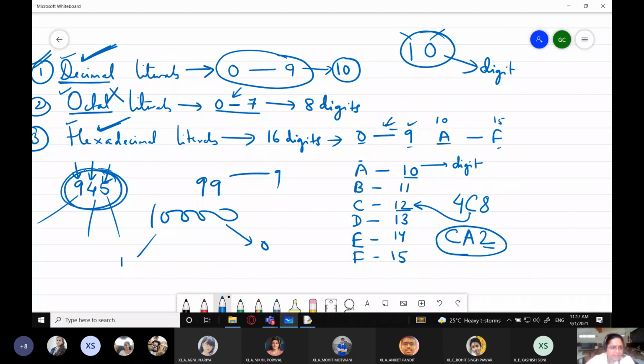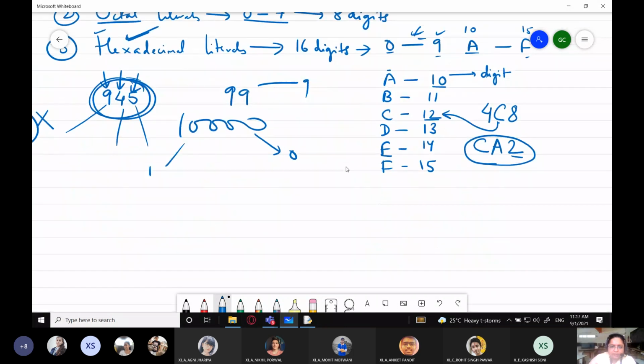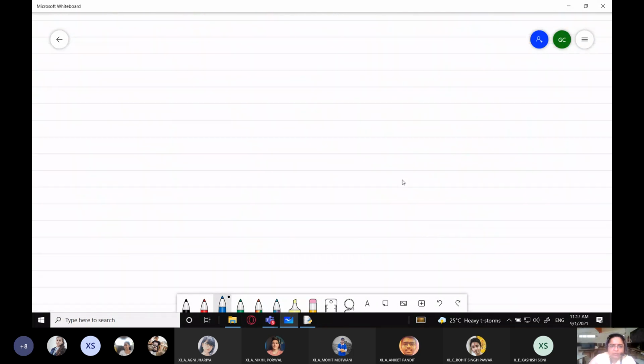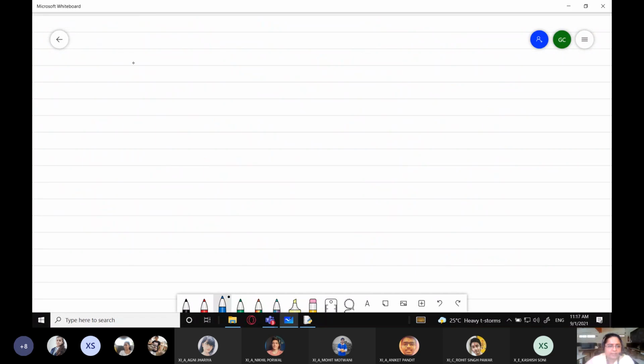But 9 is not there in octal numbers. Got it? So in order to represent these, how does Python differentiate between decimal, octal and hexadecimal? Decimal literals are represented in the usual way.